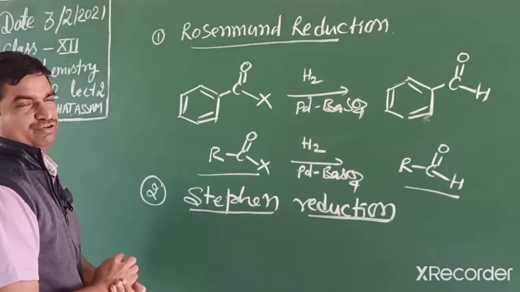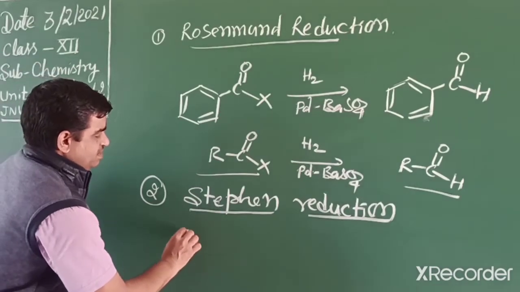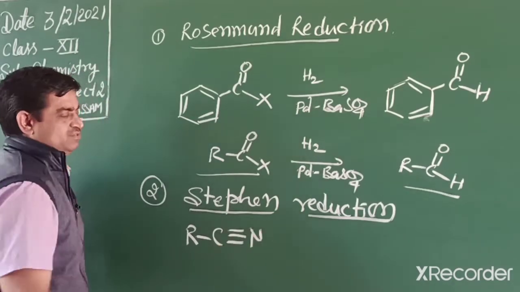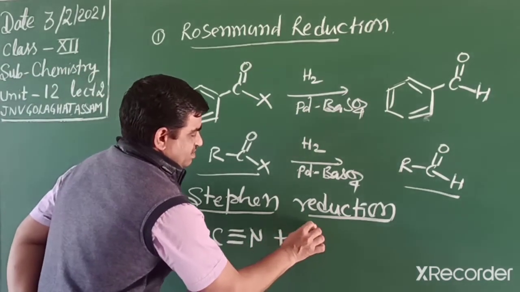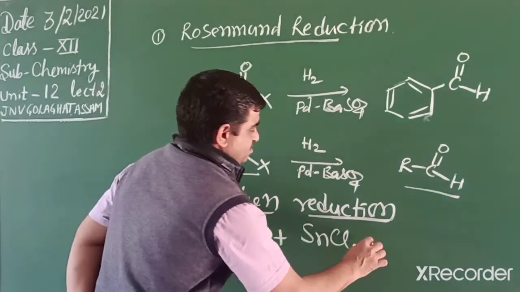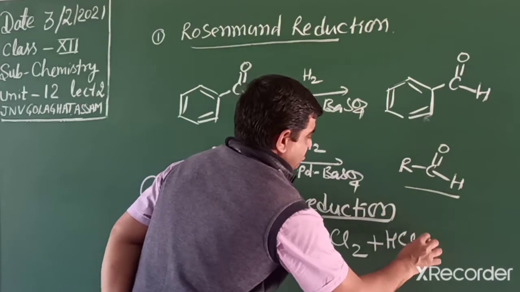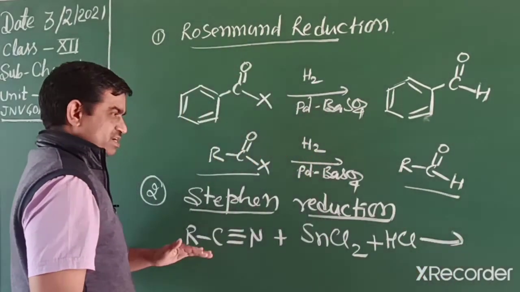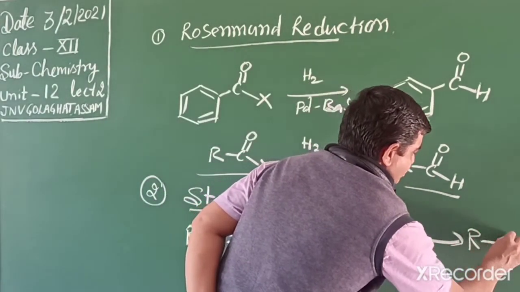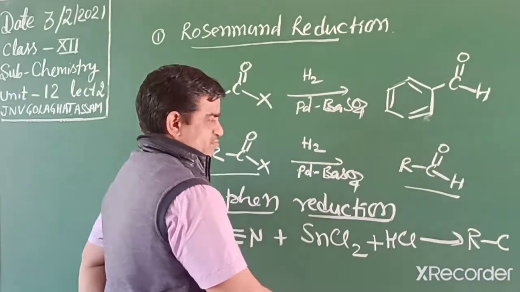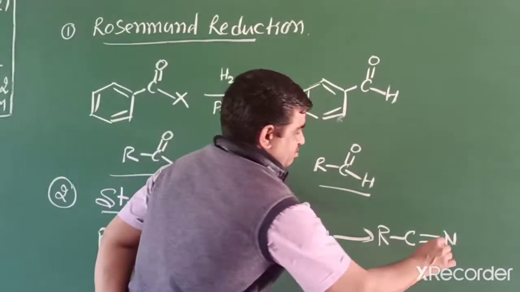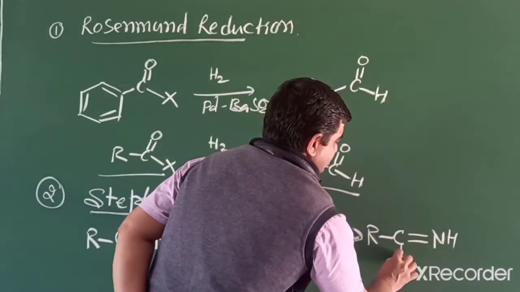From cyanides or nitriles, meaning any alkyl nitriles or cyanides, when reacted with a suitable reagent, that is stannous chloride and HCl, it converts into an imine, that is a controlled reduction. The triple bond converts into a double bond, with 1 mole addition of hydrogen.